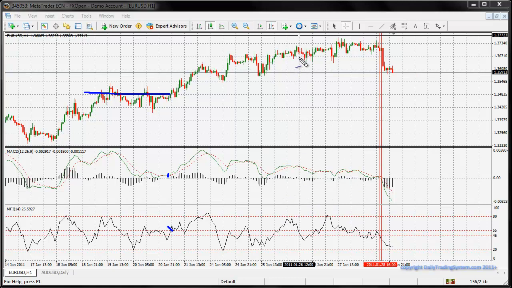Here is one, and that does not line up with that 55, with that 45, so that's a no-go. That's a no-go. That's a no-go either.